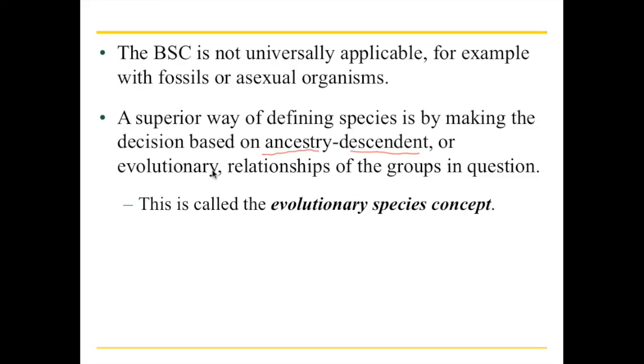So here is your branching pattern. Once you have two different branches, then maybe these different branches should be considered separate species. Whereas if it's still all one branch, then you call it all one species. So it's trying to figure out, am I on one branch or am I on two branches? That's what the evolutionary species concept does.